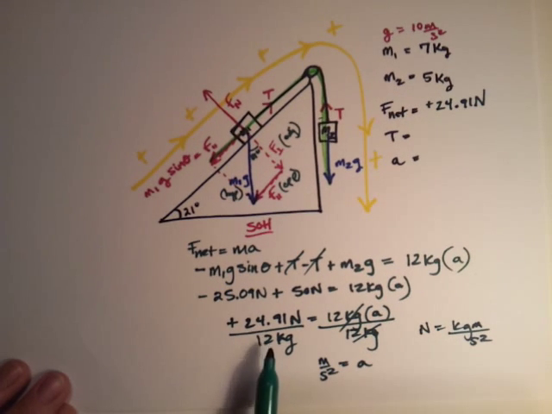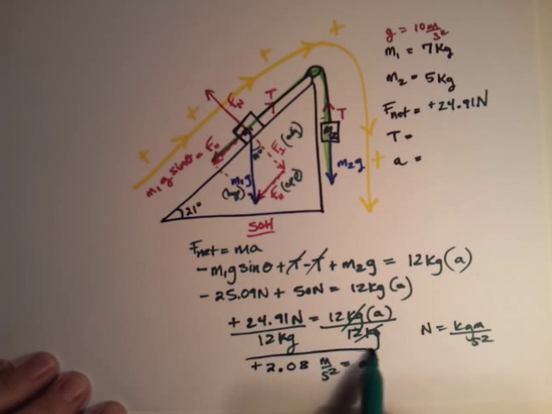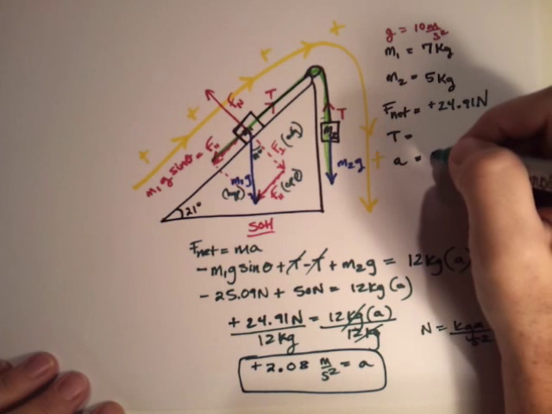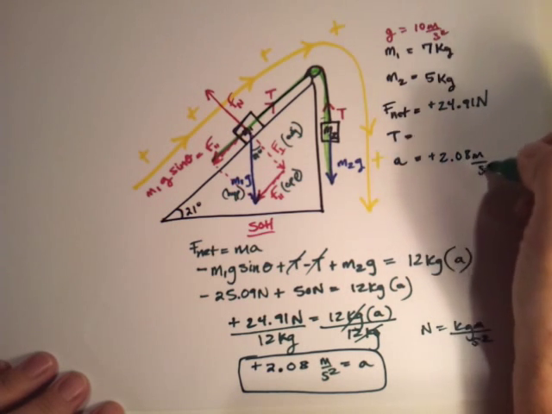I need to get my other calculator, so hold on just a second. It's going to be 2 point something. Okay, so my calculator says this is a positive 2.08 meters per second squared. So I can put that value here, positive 2.08 meters per second squared.